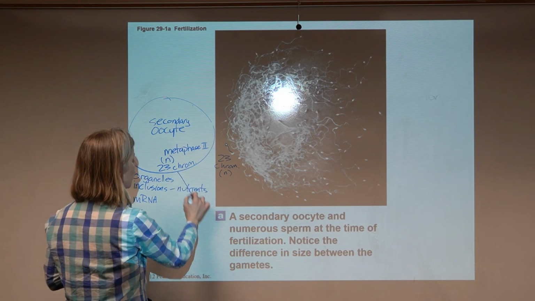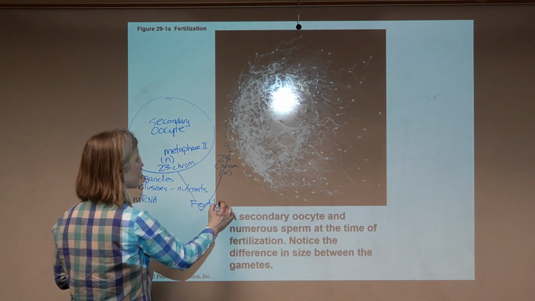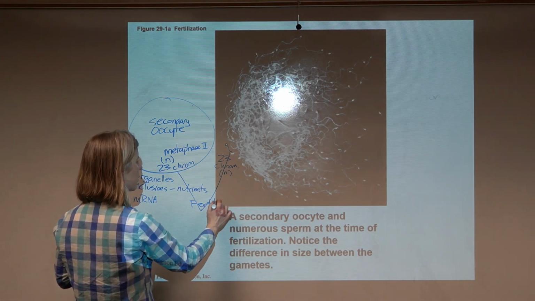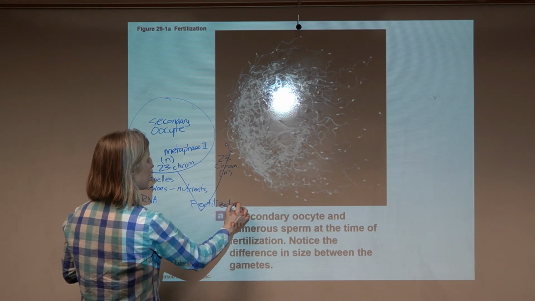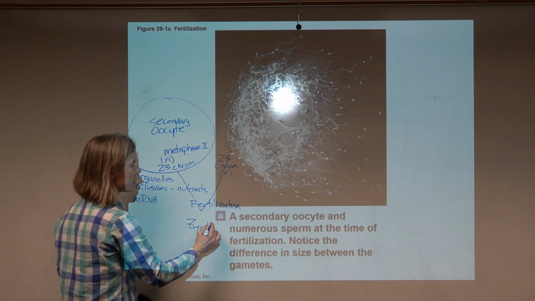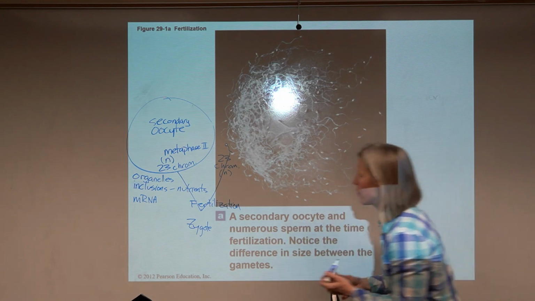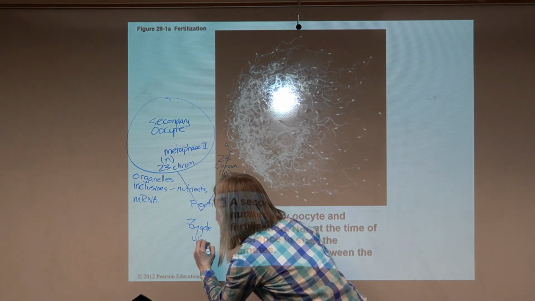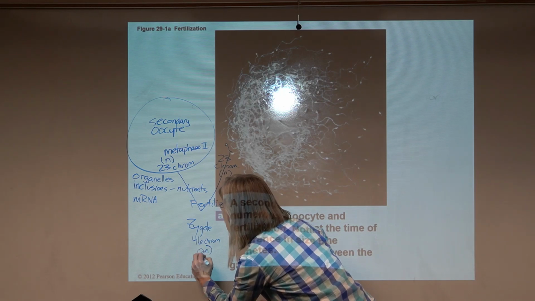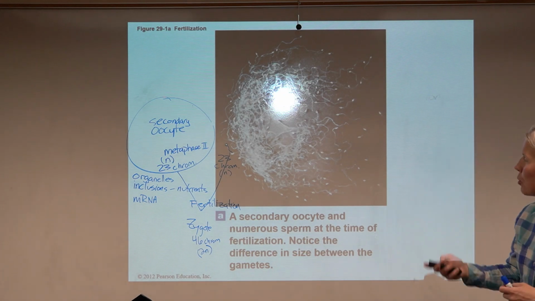When this sperm and egg then join, we'll go through the process in more depth, but when fertilization takes place, our end product is going to be this single cell called a zygote. That zygote then has our 46 chromosomes, right? It's returned to that diploid state that we would hope to find in the next round of human life.